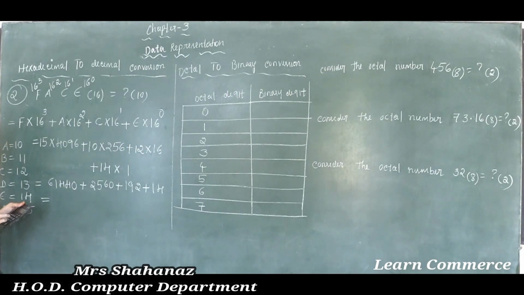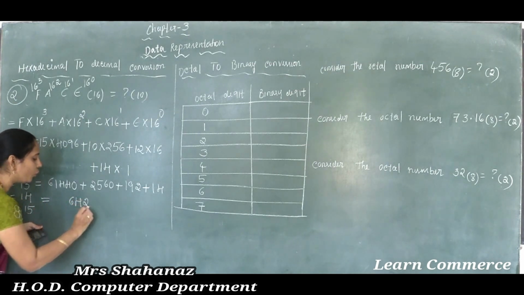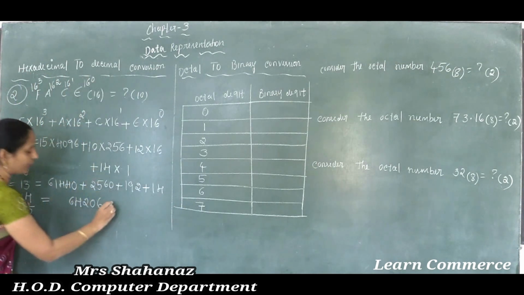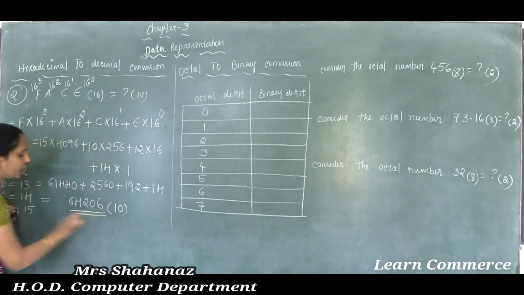So when you add 61,440 plus 2560, plus 192, plus 14, the value will be 64206. That is the hexadecimal to decimal conversion, meaning the base value is 10.